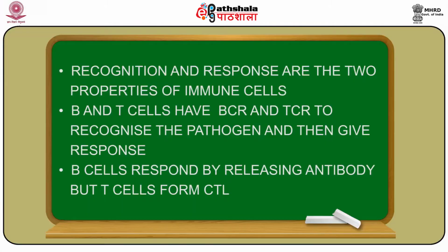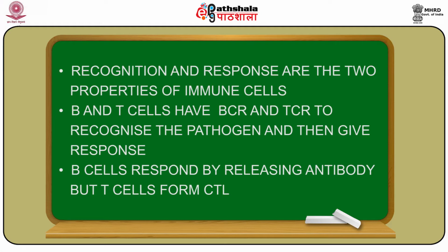Recognition and response are the two properties of the immune cells. B and T cells have receptors called B cell receptor or BCR and T cell receptor or TCR for recognition. B cells respond by releasing antibody, but T cells form CTL.